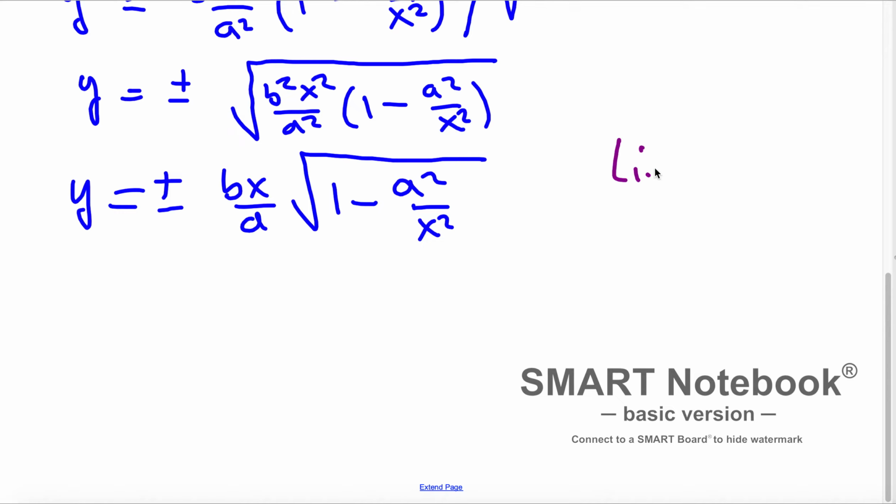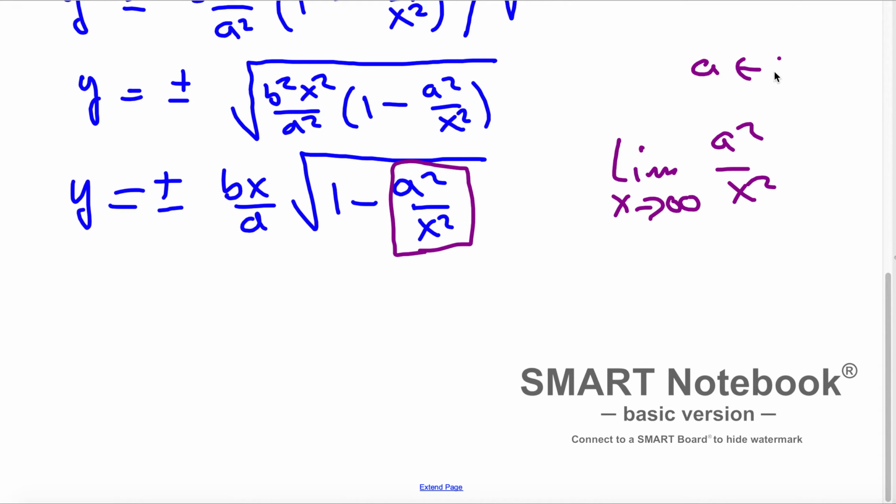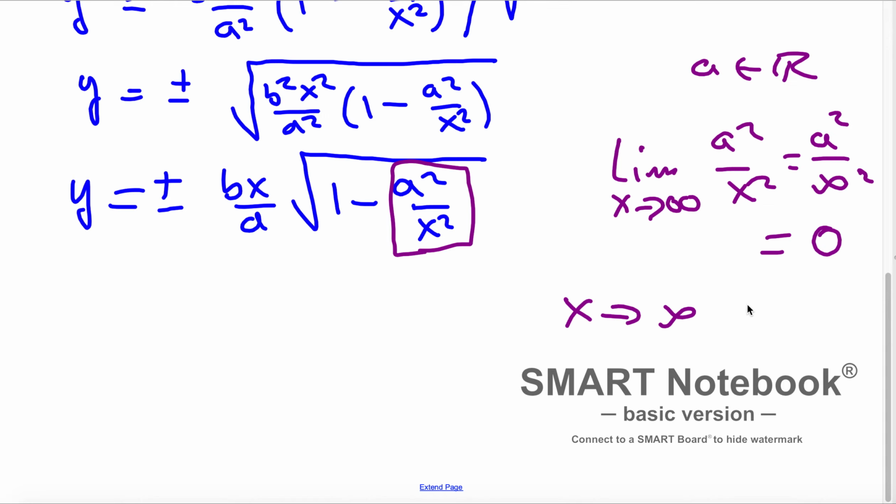If we take the limit as x approaches infinity of just this part, a squared over x squared, where a is a real, defined number, then applying a squared over infinity squared, this is going to be equal to 0. So as x approaches infinity, a squared over x squared approaches 0.